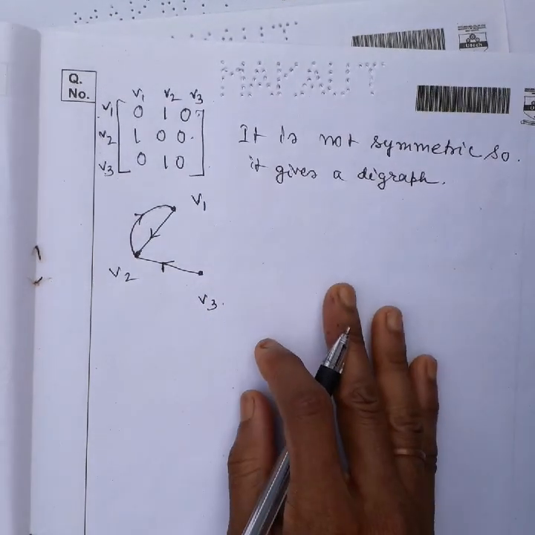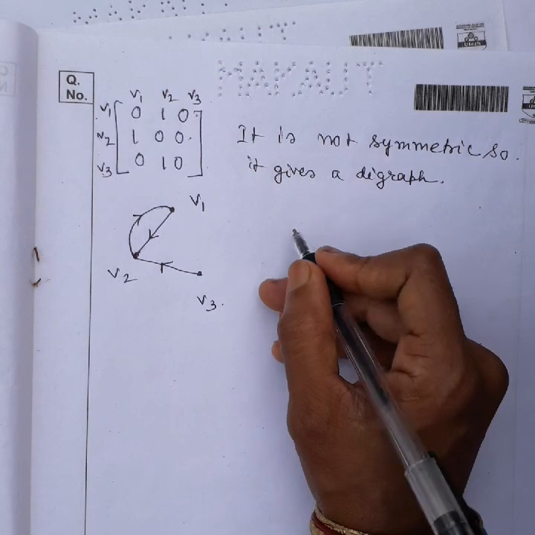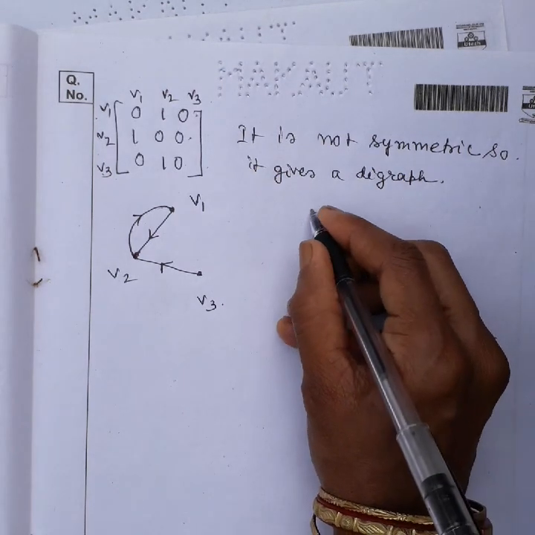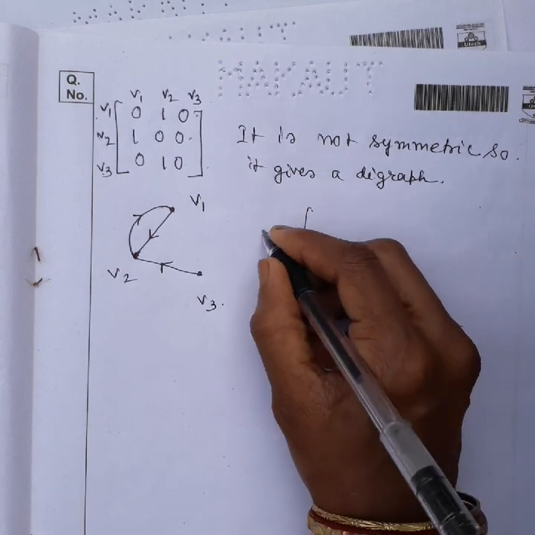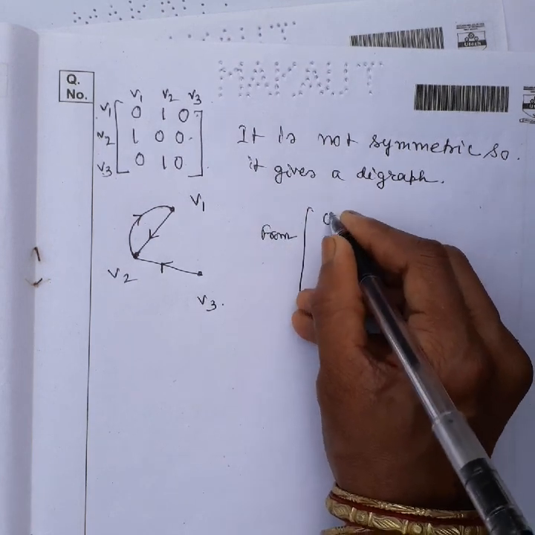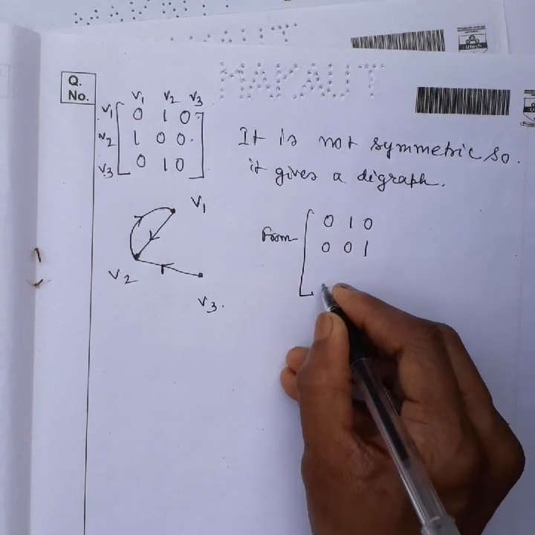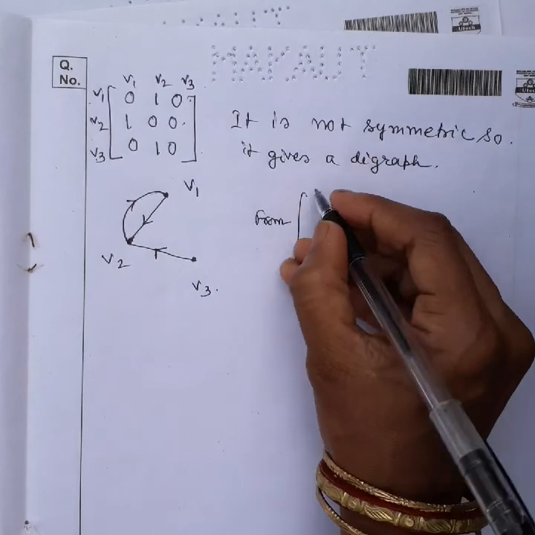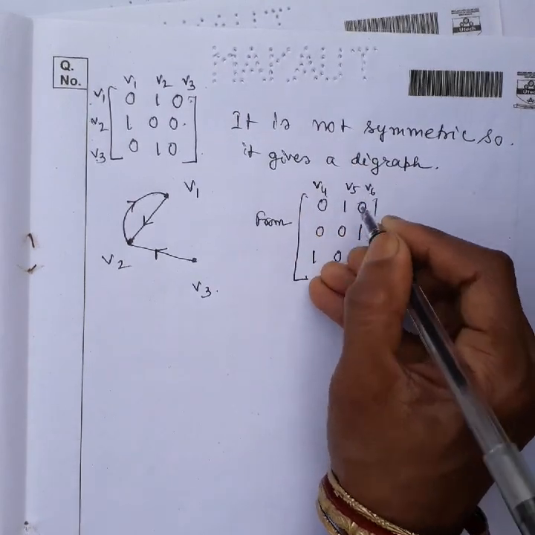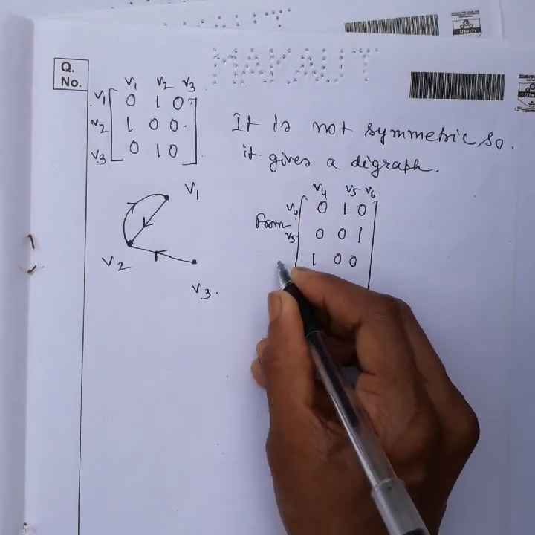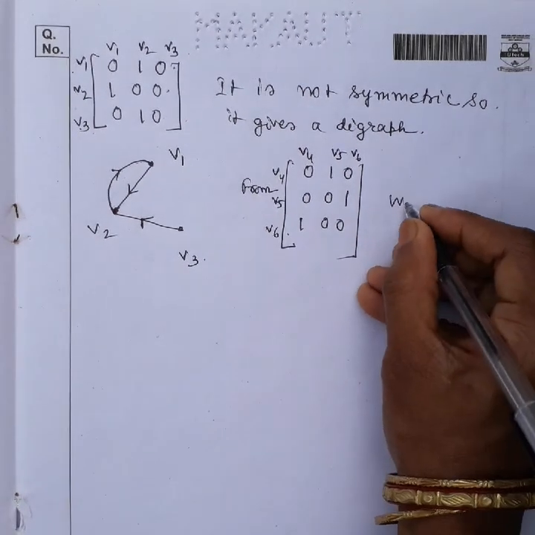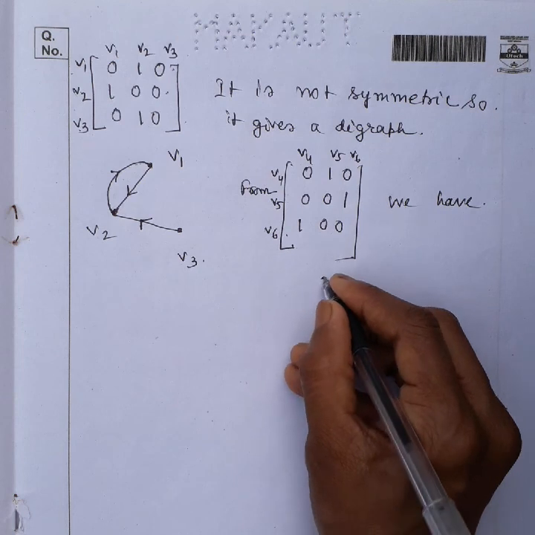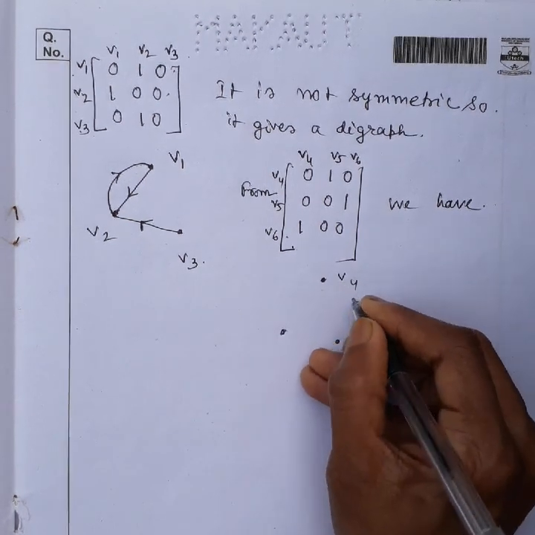So this is our graph from the first block. From the second block, 0 1 0, 0 0 1 and 1 0 0, we have V4, V5, V6.